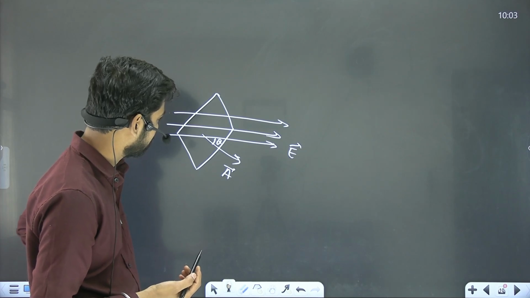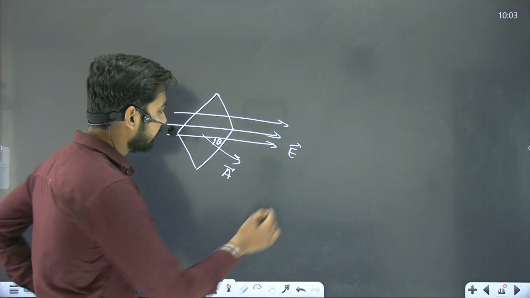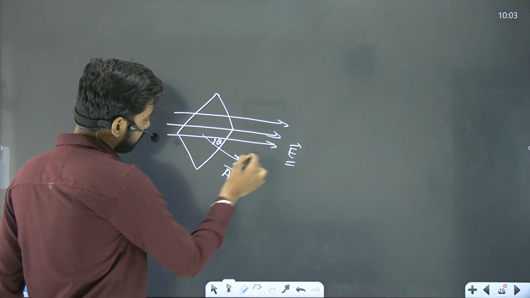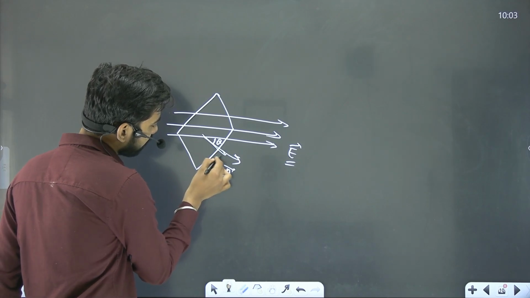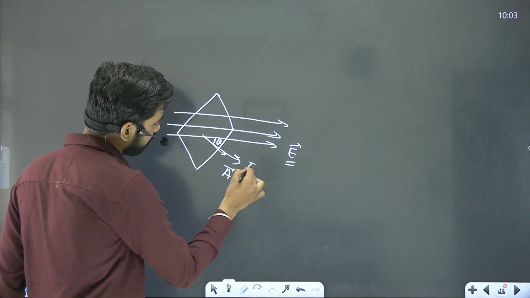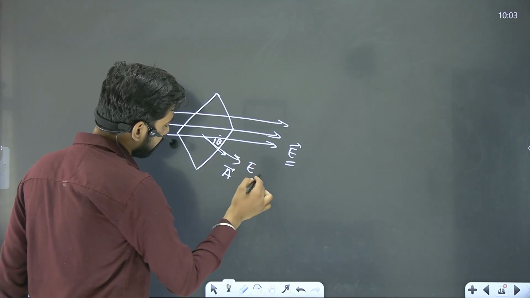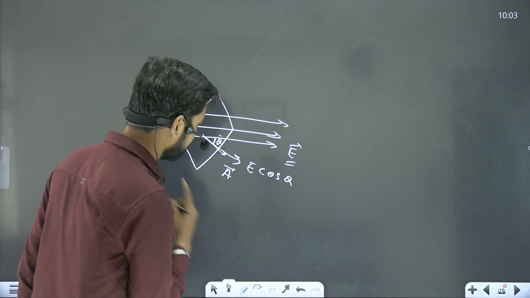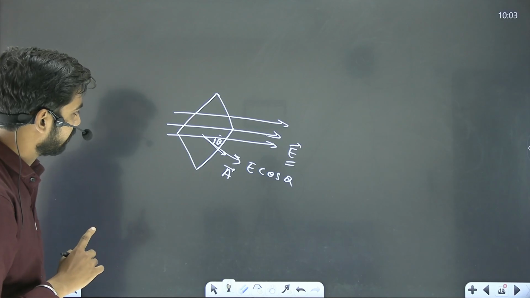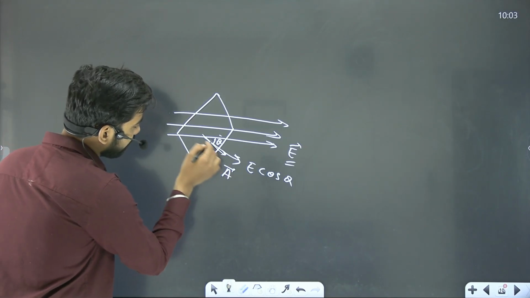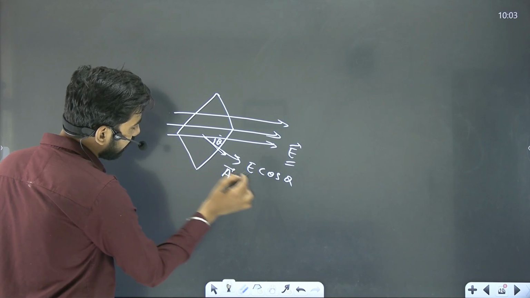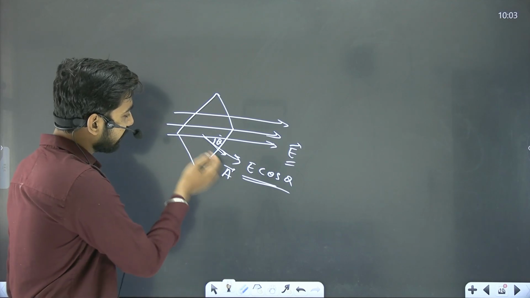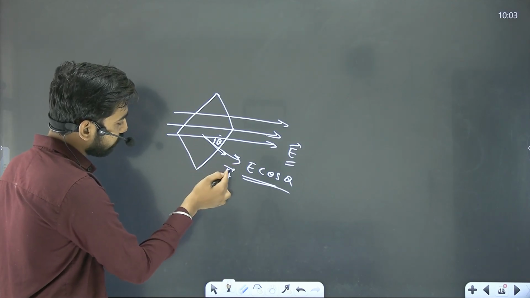If the area vector and electric field are vector quantities, then the component of the electric field passing along the area vector will be E cos theta. So E cos theta is passing normally through this area vector.